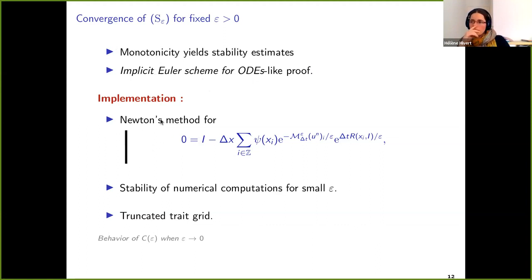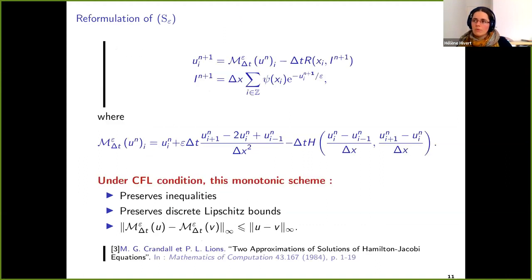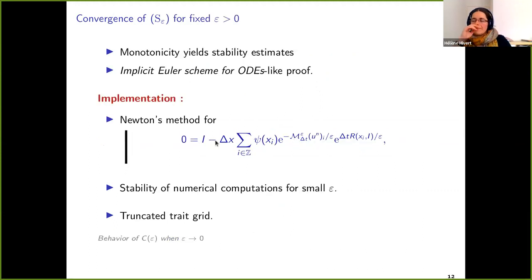Well, if you want to implement it, if I come back to the expression of the scheme right here, you see that it is in fact an implicit scheme. But if you plug the expression of U in the expression of I at time n plus 1, you have a closed equation on I that you can solve with Newton's method. Okay, you have to be very careful when you implement this Newton's method because of the 1 over epsilon. But it works.